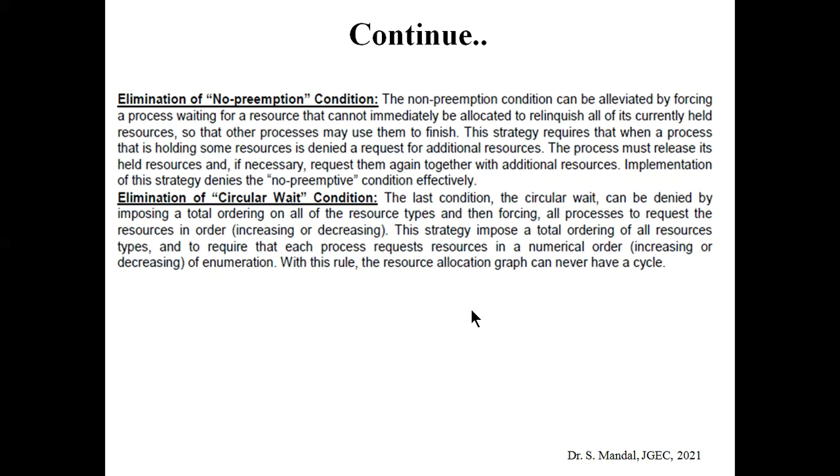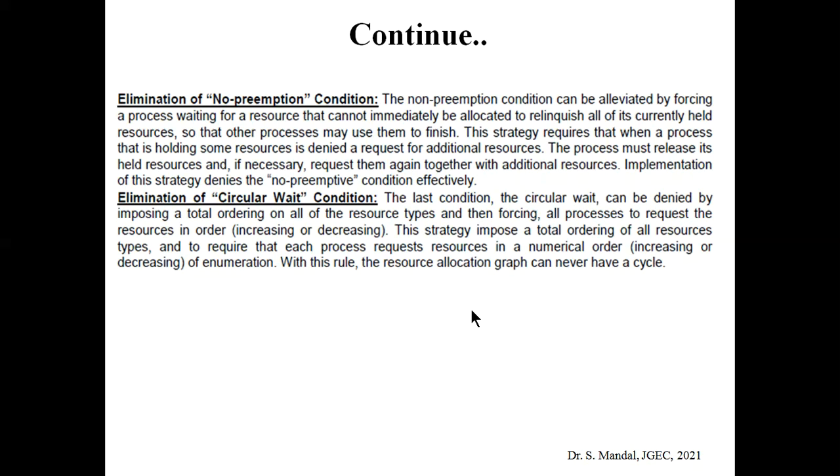Now, elimination of the non-preemption condition. The non-preemption condition can be eliminated by forcing a process waiting for a resource that cannot be immediately allocated to relinquish all its currently held resources.